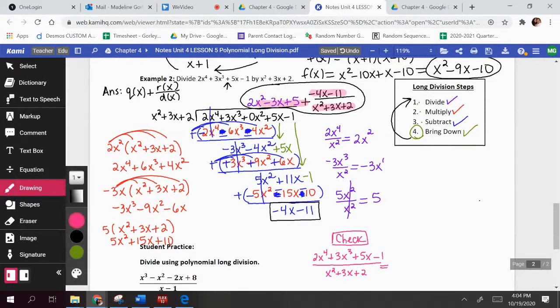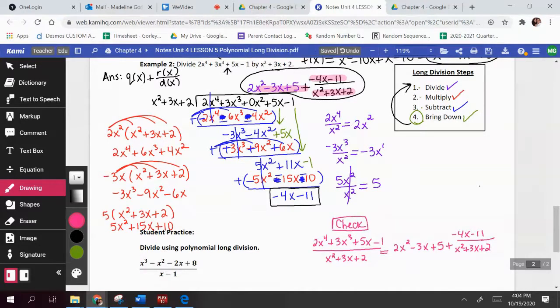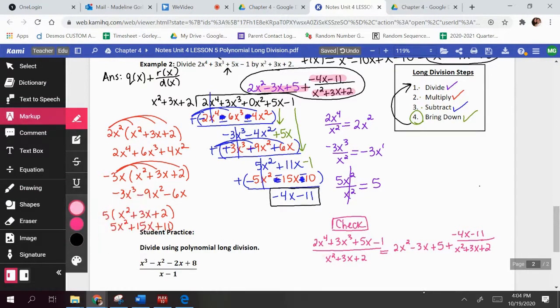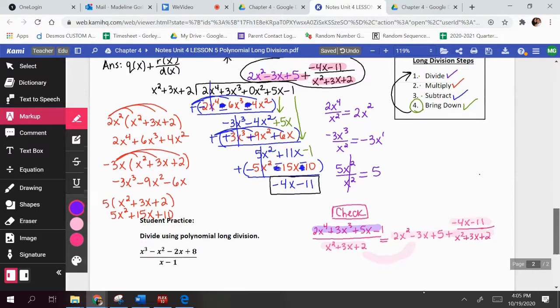So my answer was 2x squared minus 3x plus 5 plus negative 4x minus 11 over x squared plus 3x plus 2. So really, I should be able to take my divisor and multiply it by this whole quotient and remainder. I should be able to multiply these two things together, and it would get me back to my original function. Okay, now those are going to be a pain to multiply together, so I'm not going to spend the time checking my work on that.